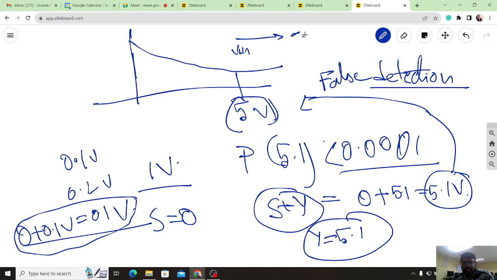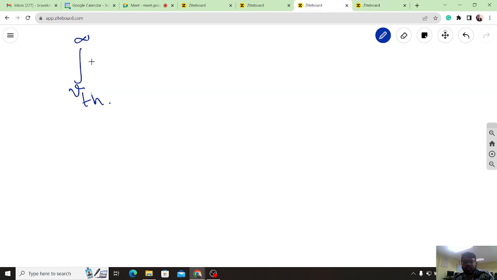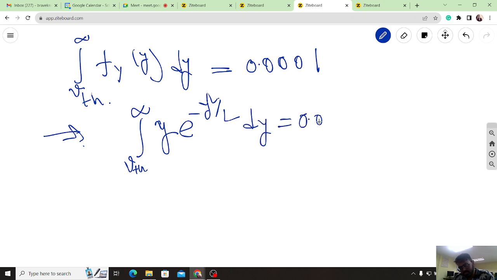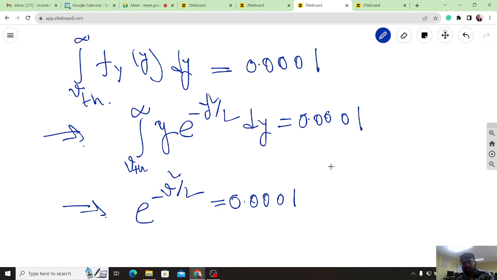So from VTH to infinite, f of y dy should be 0.0001, or this VTH to infinite, y e to the power minus y square by 2 dy should be 0.0001, or e to the power minus v square by 2 should be 0.0001, or v should be root over 2 ln.